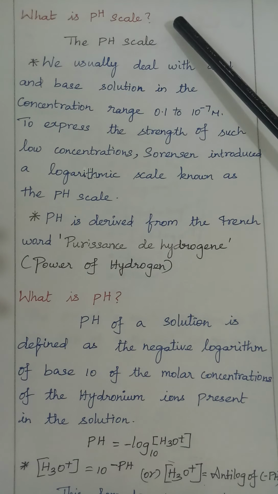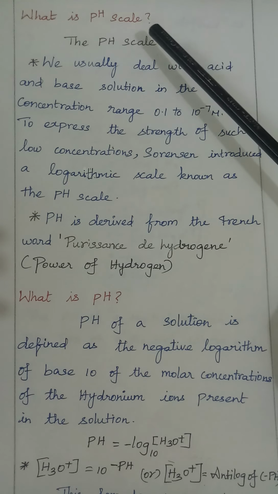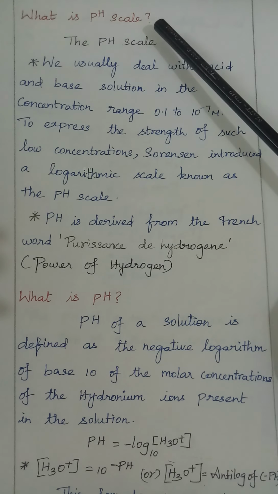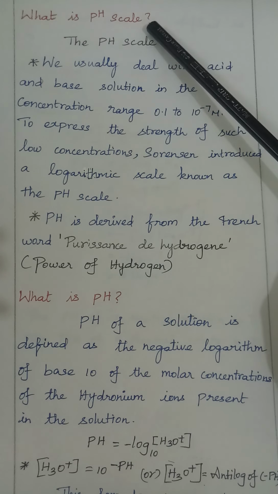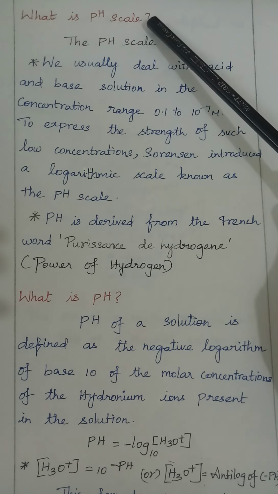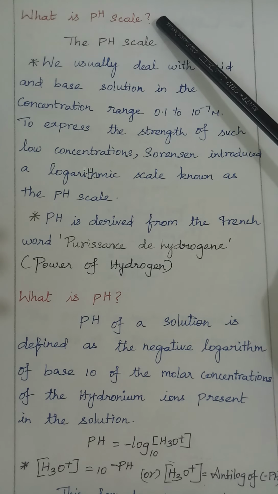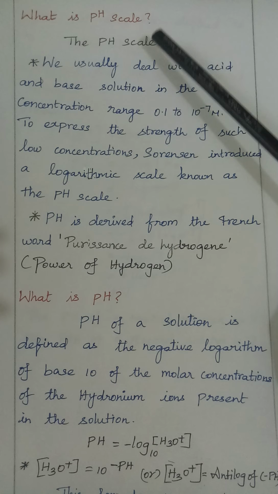What is the pH scale? Already we know that the hydrogen ion concentration is calculated by the pH scale, and the strength of low concentration is also calculated by the pH scale.